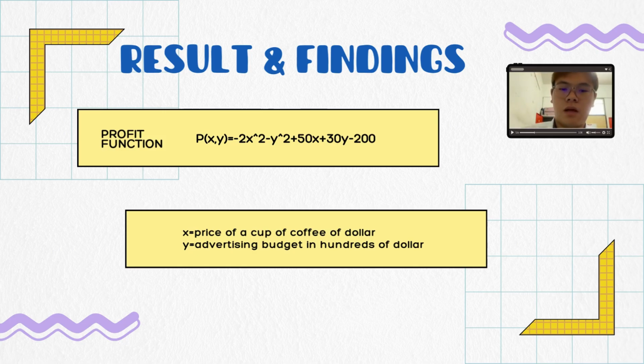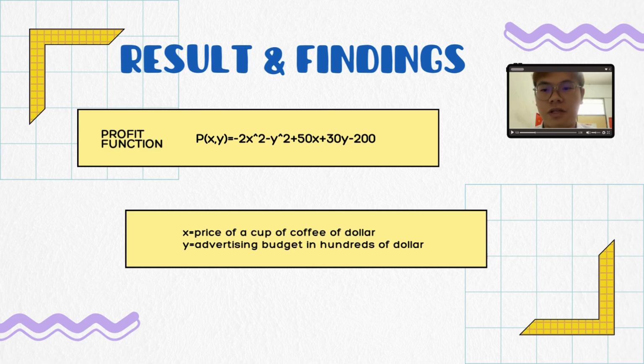Our goal is to maximize the profits of our coffee business. So we create a multivariate function for the profits that depends on two variables, x and y. x is the price of a cup of coffee in dollars, and y is the advertising budget in hundreds of dollars.